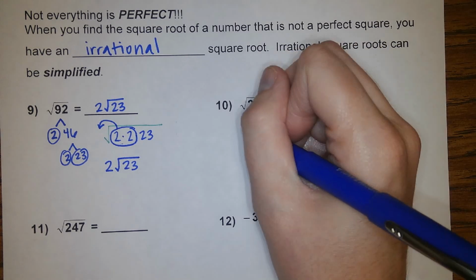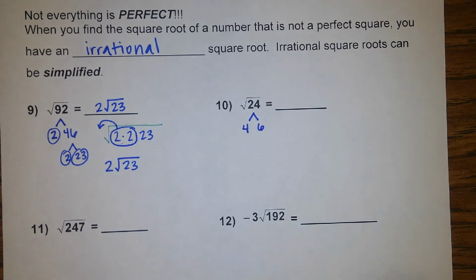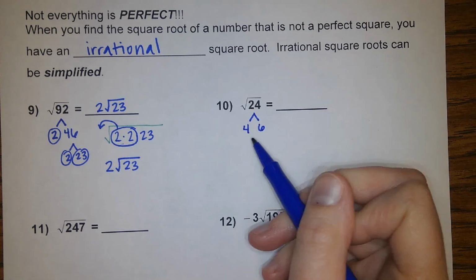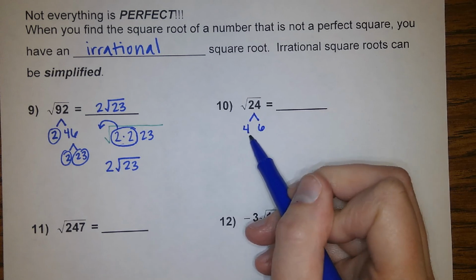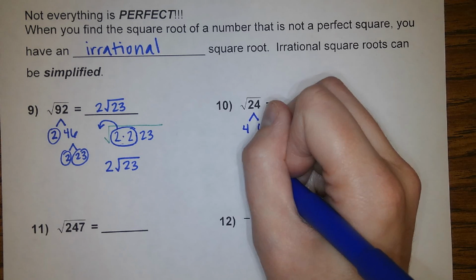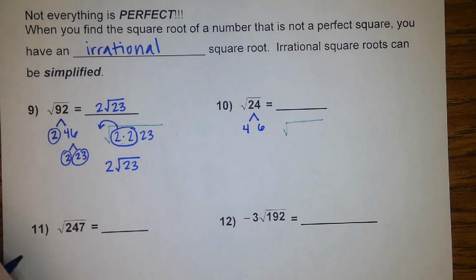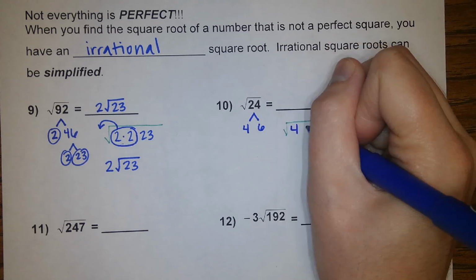I would say, okay, this is the same thing as 4 times 6. Now we know that 4 is a perfect square. So we could rewrite this problem as the square root of 4 times 6.